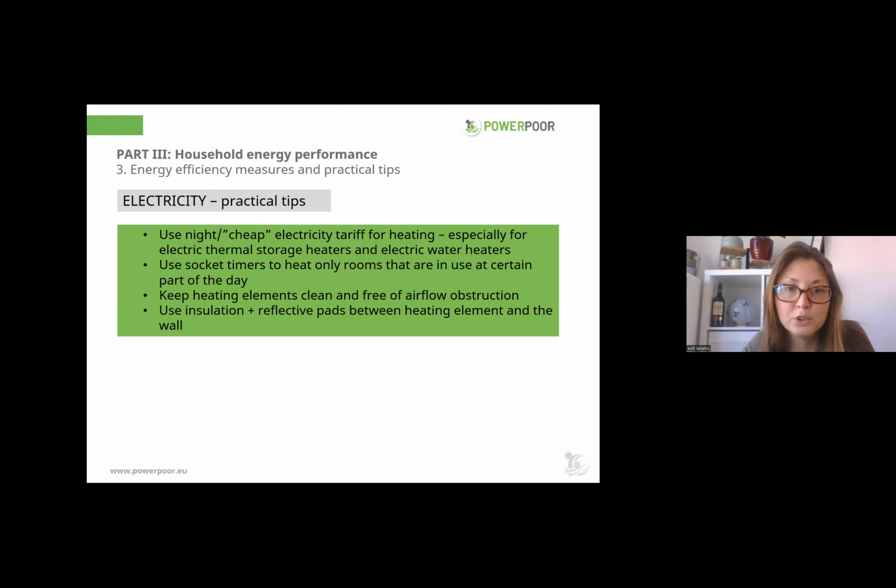You can also use socket timers to heat only rooms that are in use and in different parts of the day, and use insulation and reflective pads. The first tip I mentioned was the reflective pads between the heating element and the wall. If you're not able to insulate your building, reflective pads is already something that you can do.